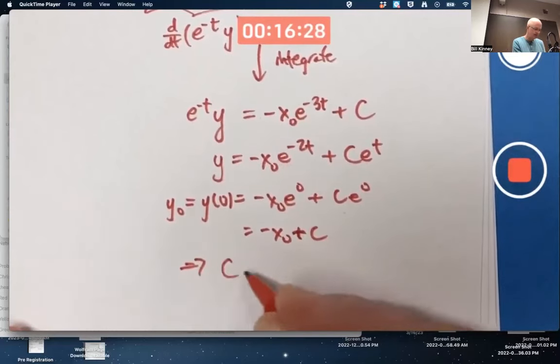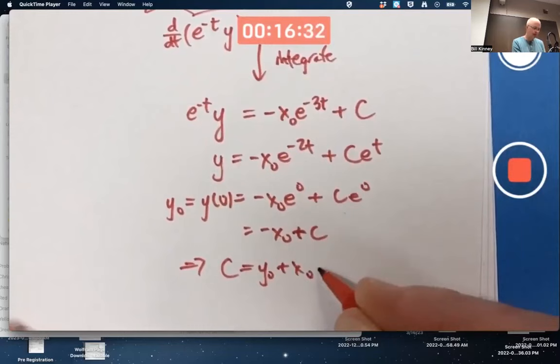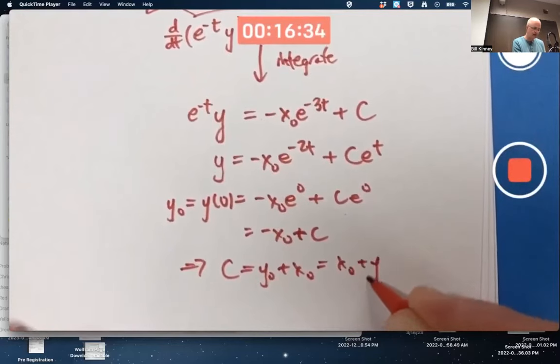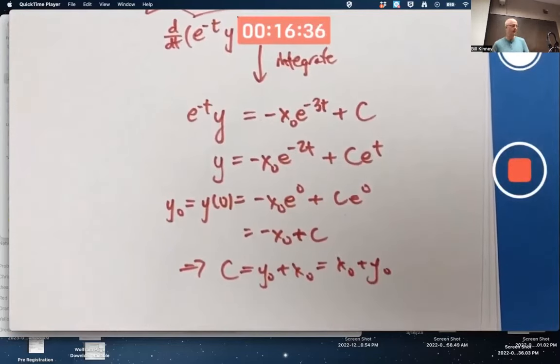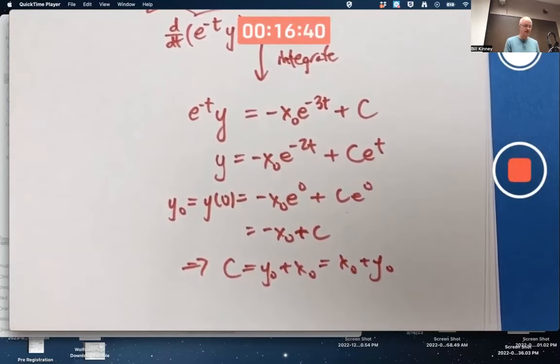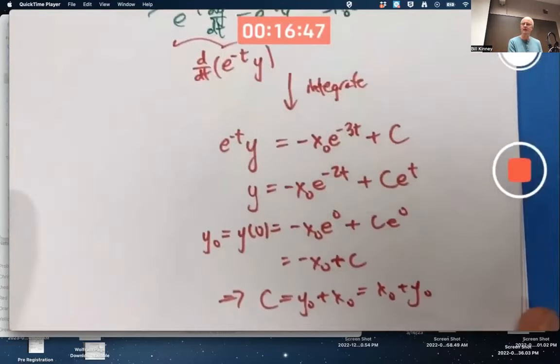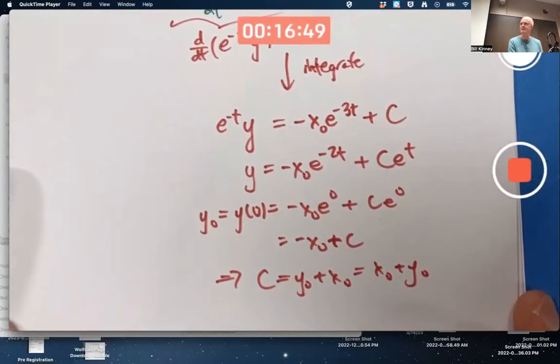So c is going to equal y naught plus x naught, or x naught plus y naught if we wanted to go in alphabetical order. All right, so we have solved. This now solves, when I combined x and y, our generic initial value problem.